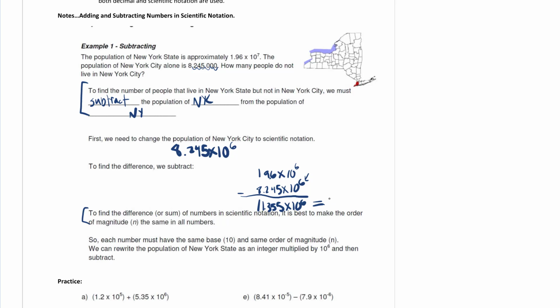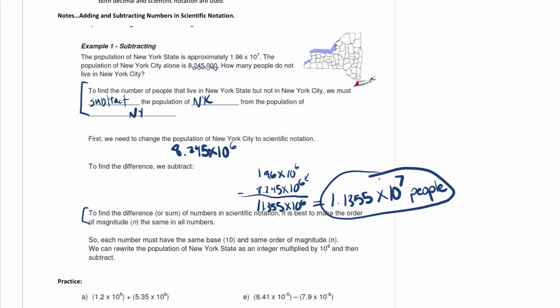So move the decimal 1 to the left and add one more to the exponent. 1.1355 times 10 to the 7th is our, what's the units? That's people. And that's our result here. Pretty slick.